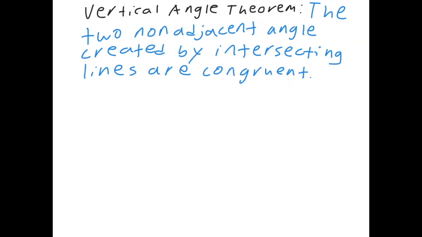What that means is if you have two lines that intersect each other, the angles that are not adjacent are congruent.